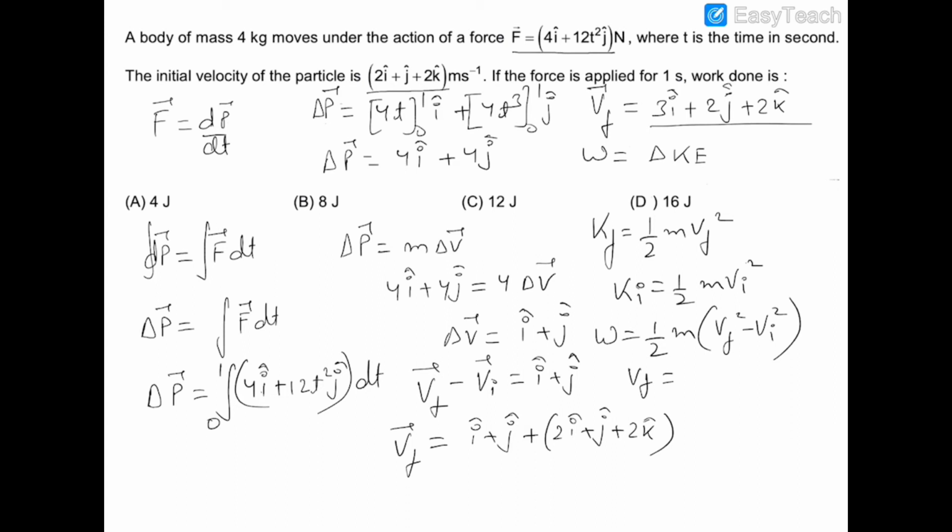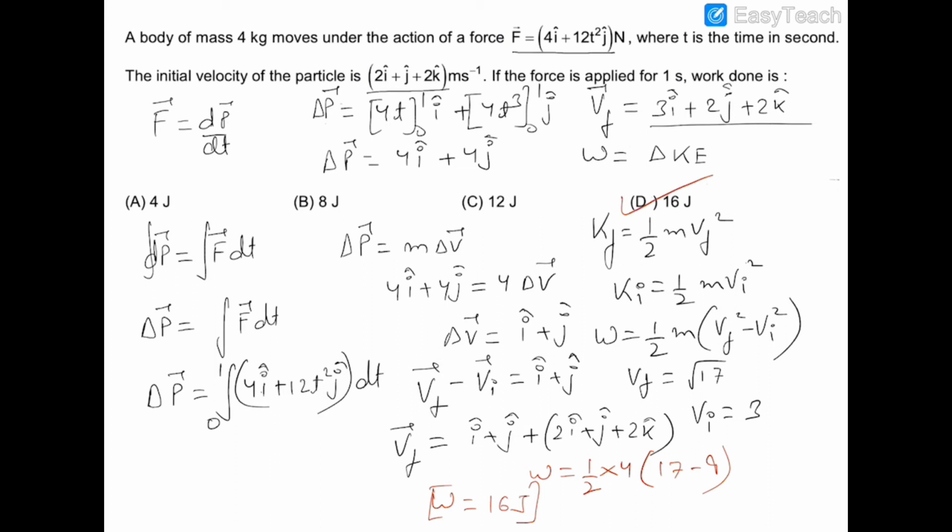So this is equal to root of 17, and V initial is equal to 3. So the work done in 1 second will be equal to half, mass is 4, V final square is 17 and V initial square is 9. So work done will be equal to 16 joules. So the correct option will be option number D.